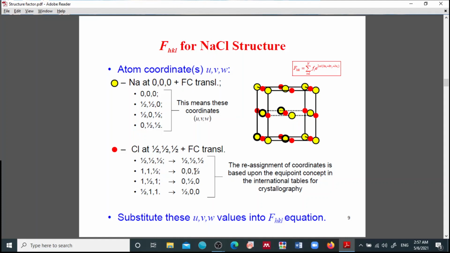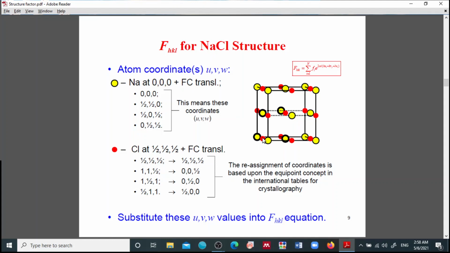I think this is much more convenient for you to consider. You will not be confused in this set, so we can just focus on that. So if we consider this chlorine, then the coordinates of this chlorine relative to this origin are half half half.